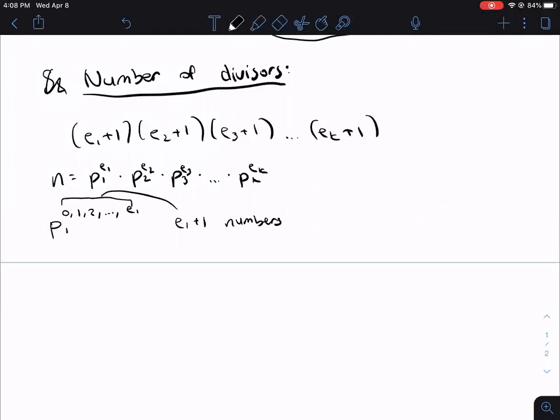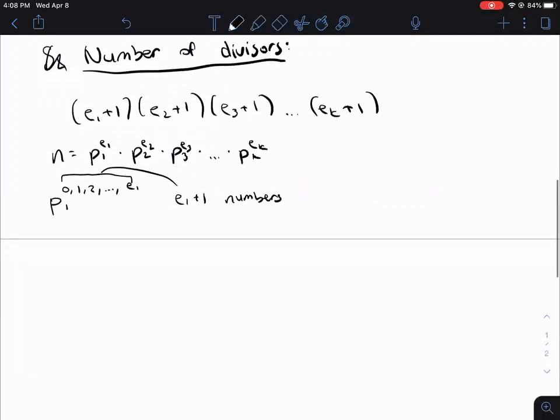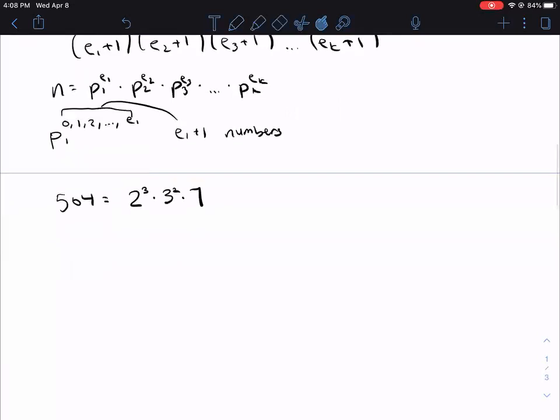Okay. So let's consider 504 again. So 504 is 2 to the 3 times 3 squared times 7. Let's say we're trying to create a factor. Then the exponent that it has for 2 can be 2 to the 0, 2 to the 1, 2 to the 2, or 2 to the 3. And we can continue this for 3 and 7.